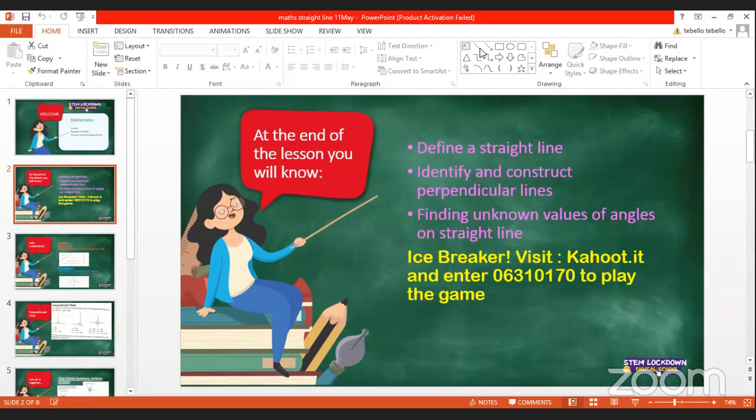Okay, so question number 5: a straight line only has 4 angles. That is false. A straight line can accommodate a lot of angles as long as the angles sum to 180 degrees.